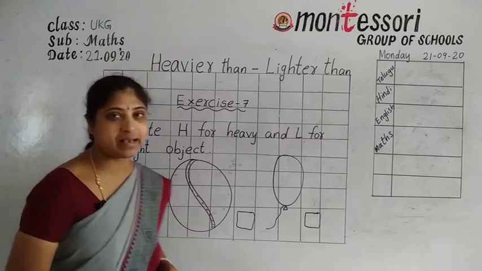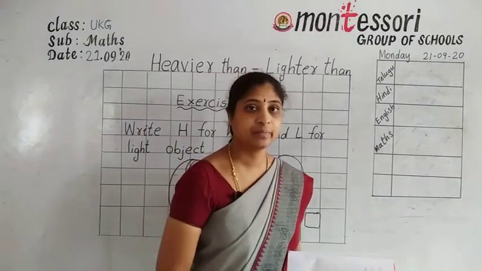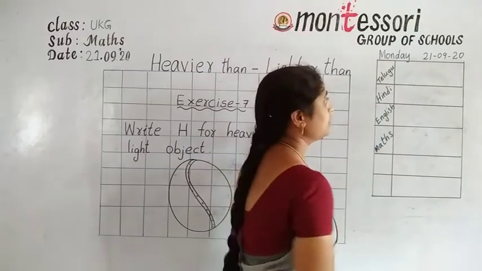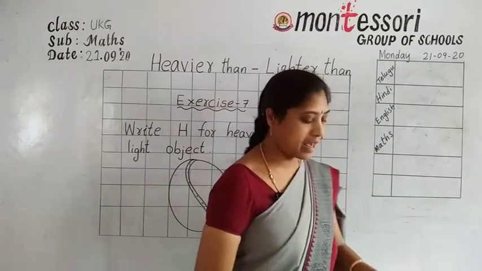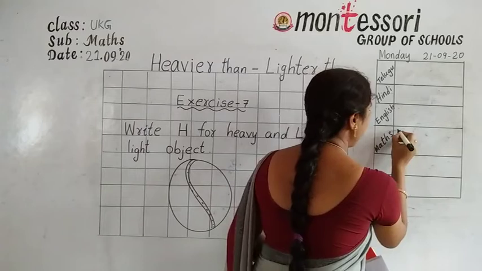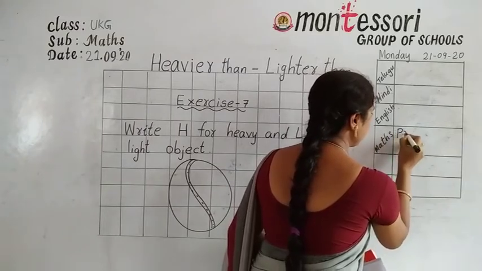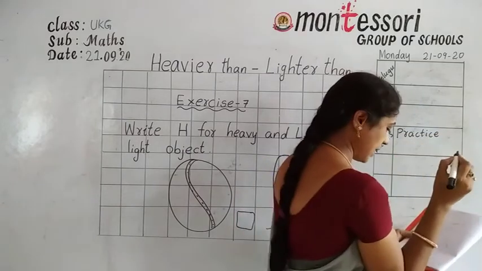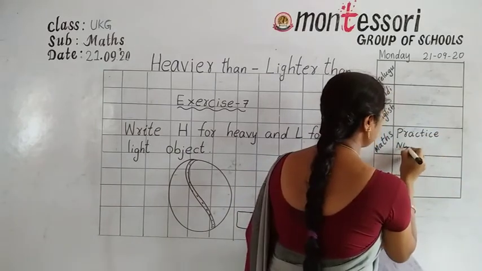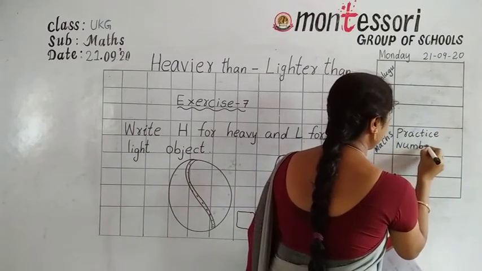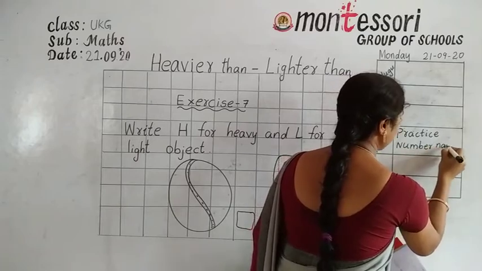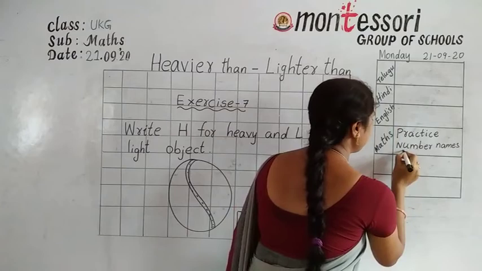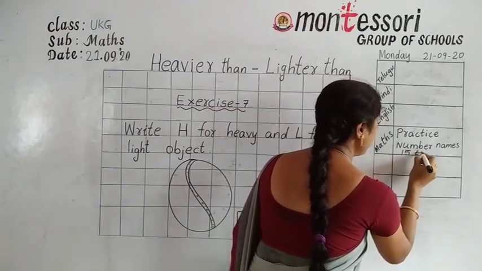Now open your diaries. Okay, diary open, write the day, Monday, date 21/9. In diary work: practice number names 15 to 20.